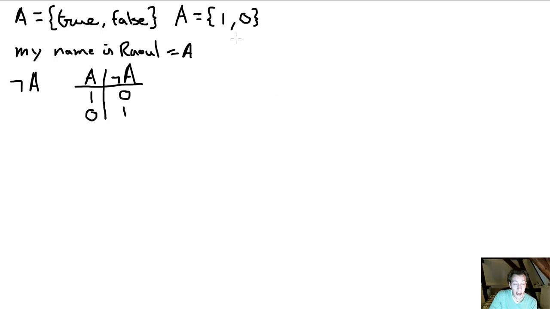And that's the and. So we get A and B. A is still my name is Raoul, and B is going to be I like fish. So we got two statements now, and they can be true or false.